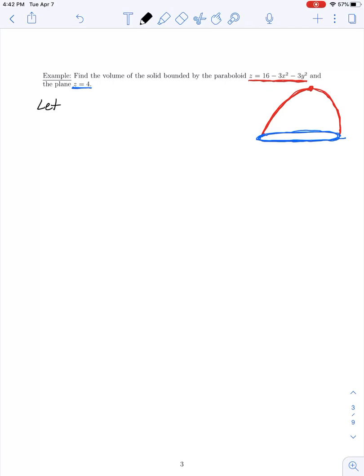Now, to find the equation for the curve of intersection, we're going to set our surfaces equal to each other. So here, if we let 4 equal 16 minus 3x squared minus 3y squared, then we would have, if we move all of our variables to the left-hand side, 3x squared plus 3y squared is equal to 12, moving all our constants to the right.